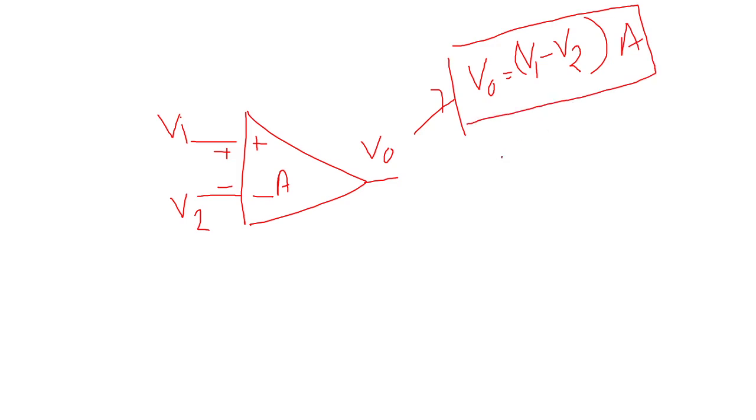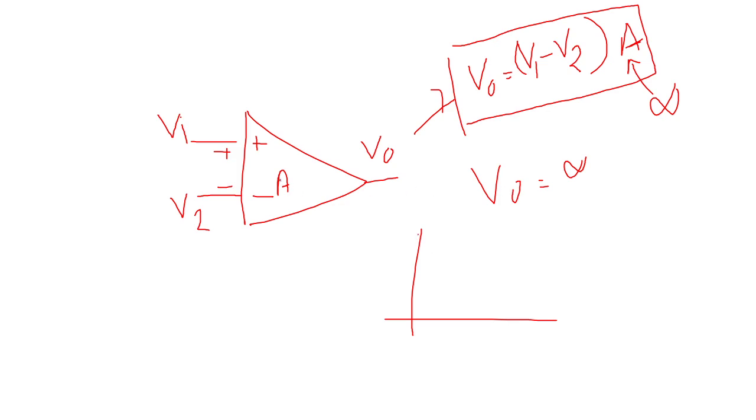For an ideal op-amp, the gain is very high, like infinity. In the ideal case it's infinity, so V0 will always equal infinity. If I plot this ideal case, it is linear.